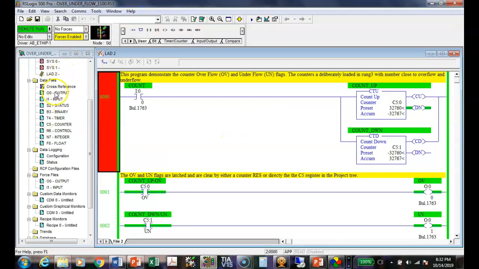Which one can handle fractions? Yeah, the F8, floating point. And that's explained in your instructions, by the way.